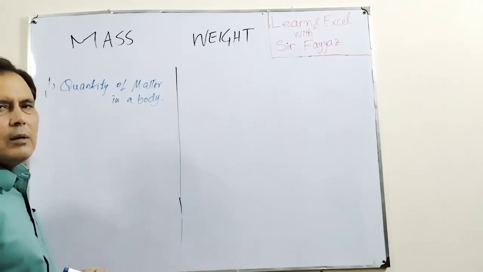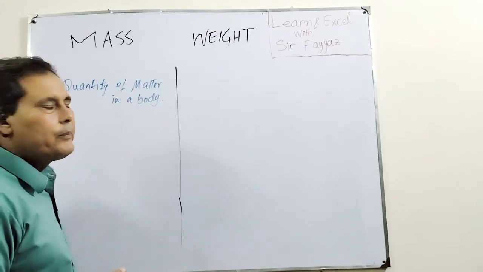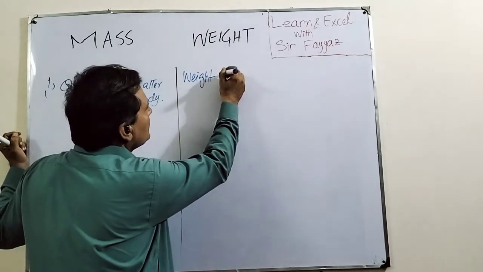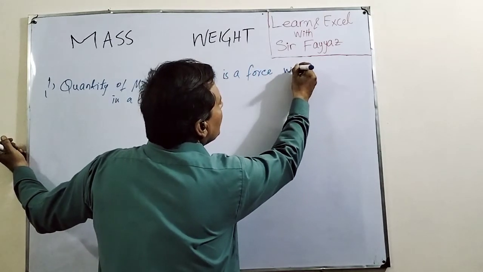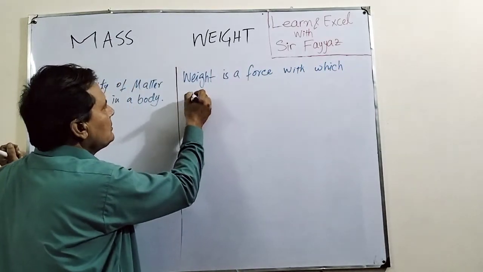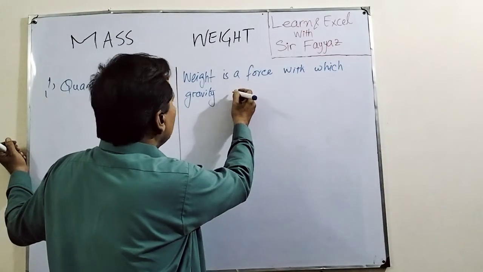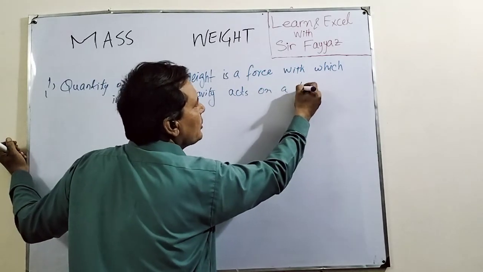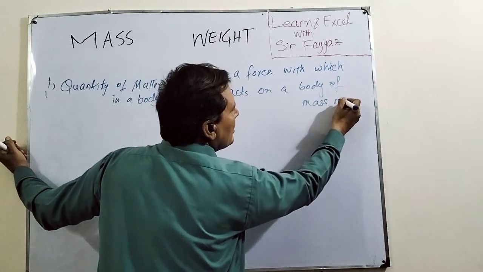Weight is a force by which Earth attracts every other body having mass m. Weight is a force with which gravity acts on a body of mass m.